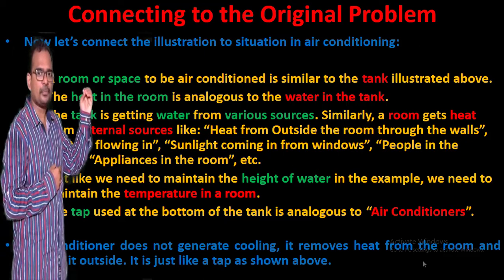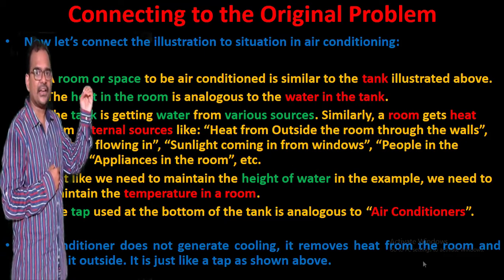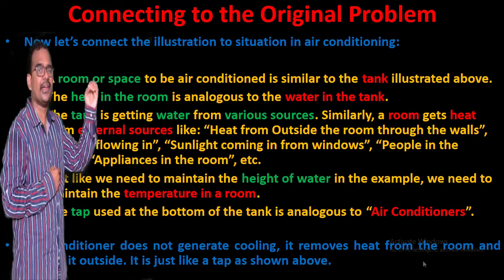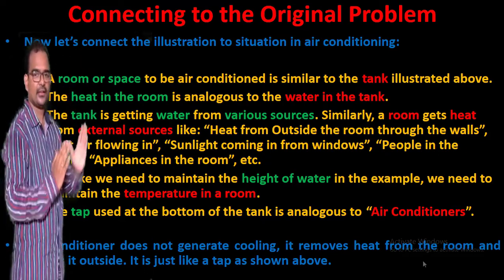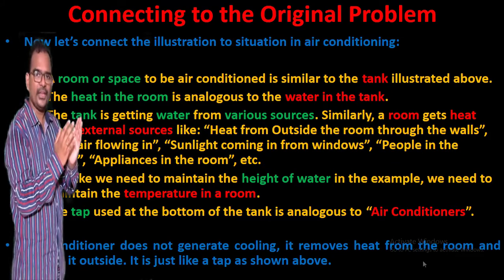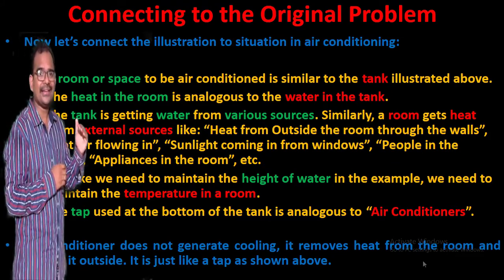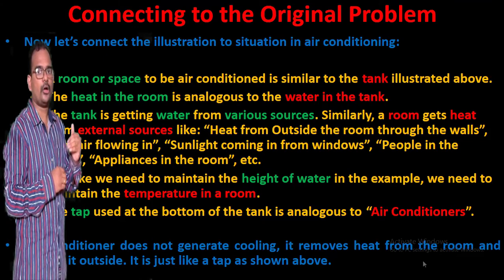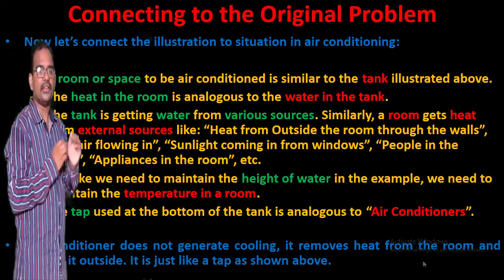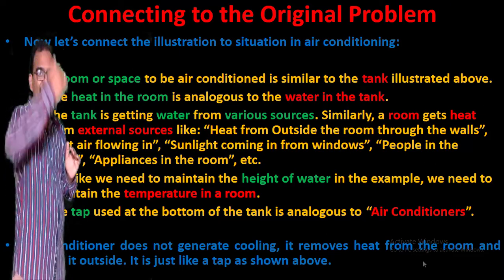The room or space to be air conditioned is similar to the tank illustrated in the analogy. And the heat in the room is analogous to the water in the tank. The heat inside this room is analogous to the water filling the tank.